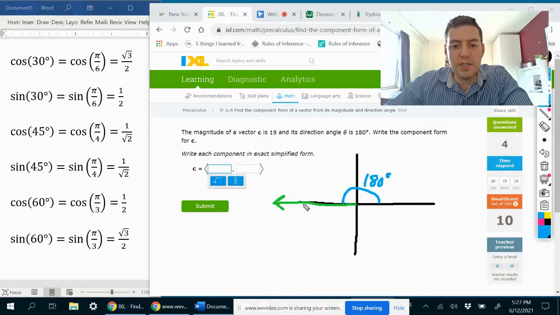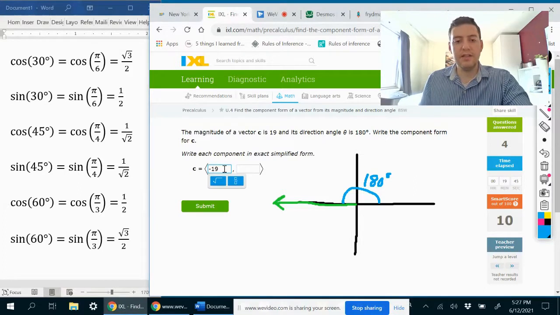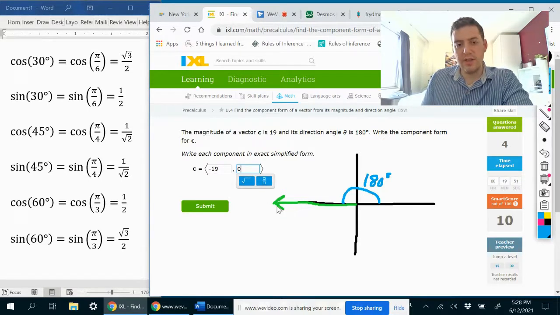The components of this vector would just be negative 19 for the horizontal component, 0 for the vertical component. Negative because it's moving to the left, 19 because the magnitude is 19 and it's completely horizontal.